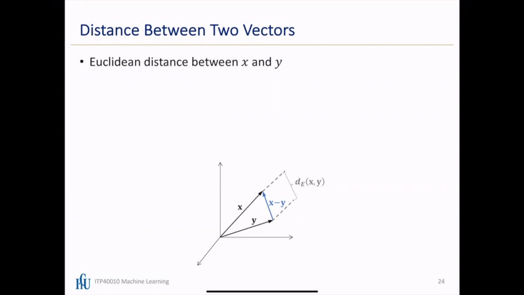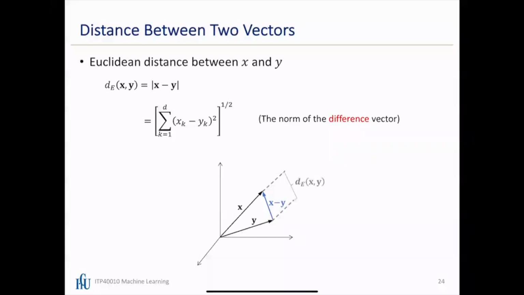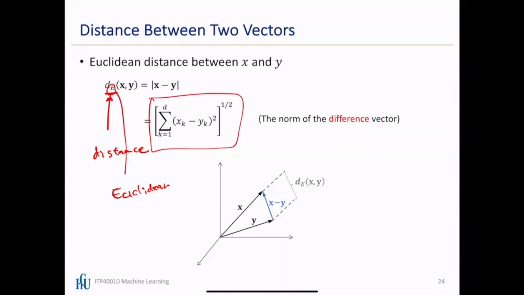Distance is a norm, so basically this is representing distance, and E is from Euclidean. In the previous page, we have seen the notation for the two norm. Calculating the Euclidean distance is putting the vector x minus y into the notation of the two norm. So basically, you can end up with a notation like this.